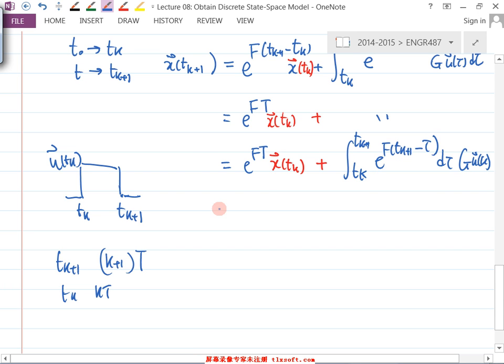But before we do that, let's make a little definition. I'm going to let A equal to e to the power F T, and B is everything in front of this u of k.